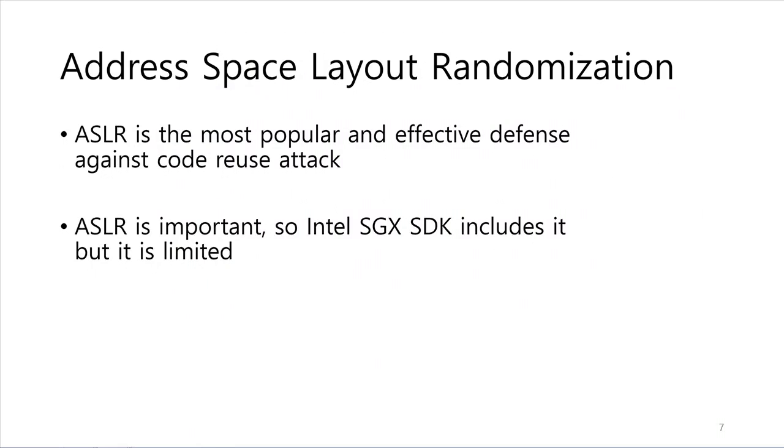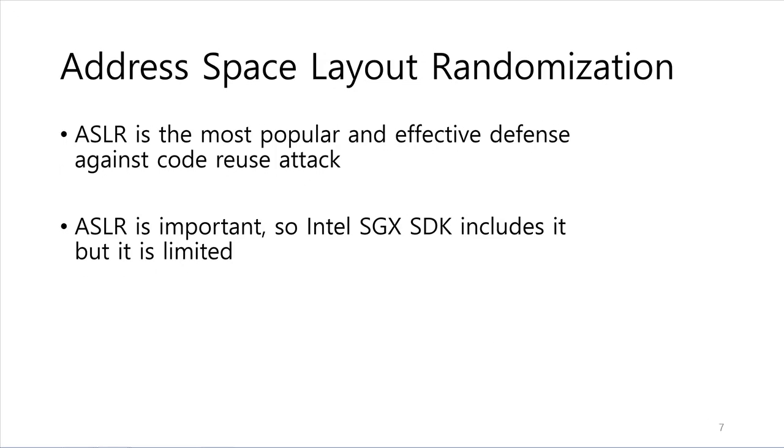Address space layout randomization, in short ASLR, is one of the widely adopted techniques to defend against code reuse attacks, and it is known to be effective. Because it is important, Intel also includes this in the SGX SDK. However, the problem is that the current Intel SGX SDK guarantees only limited security. I will explain why it is limited later.